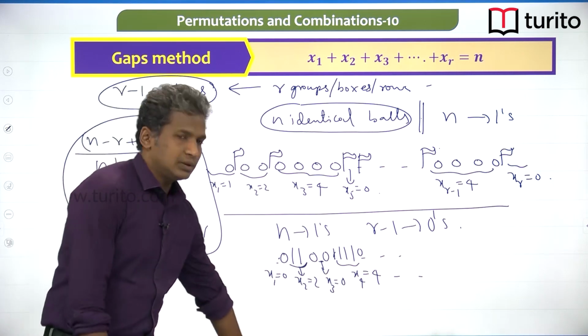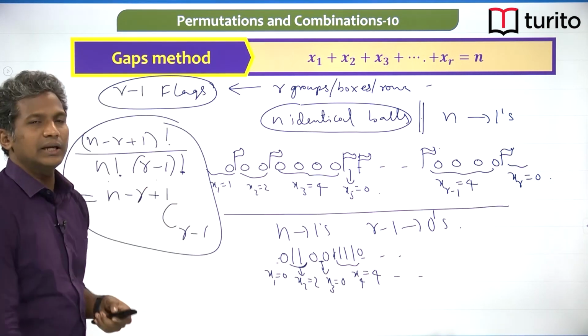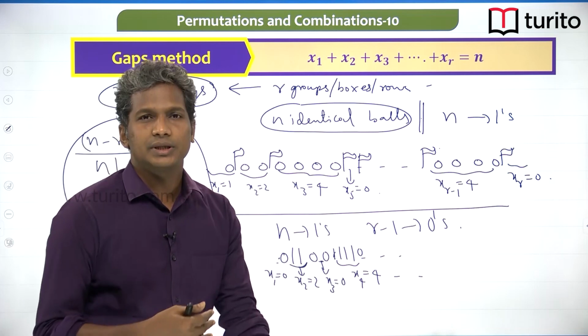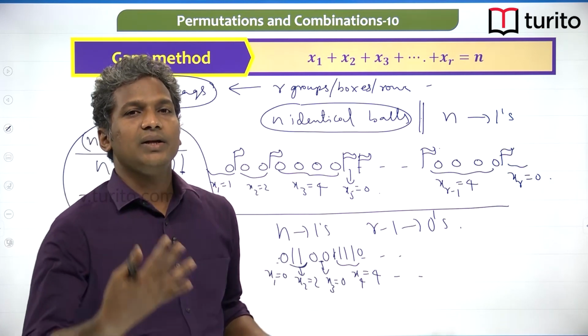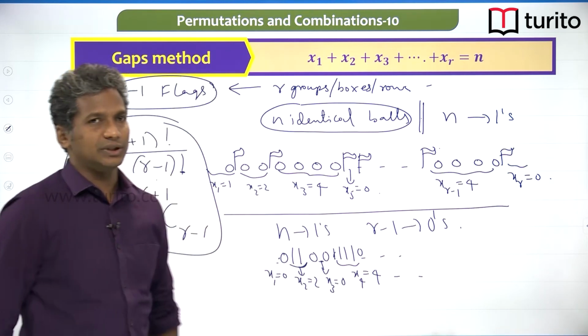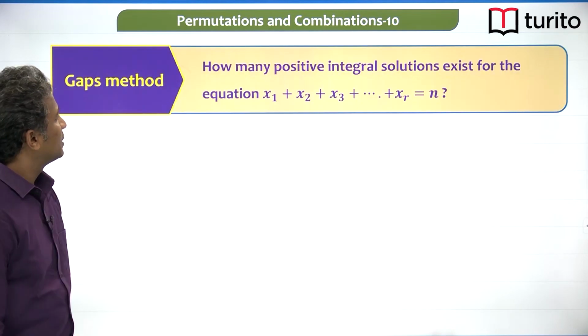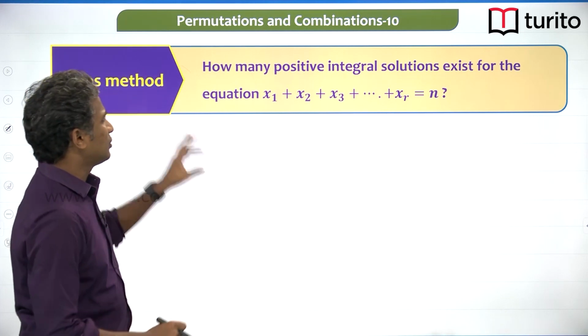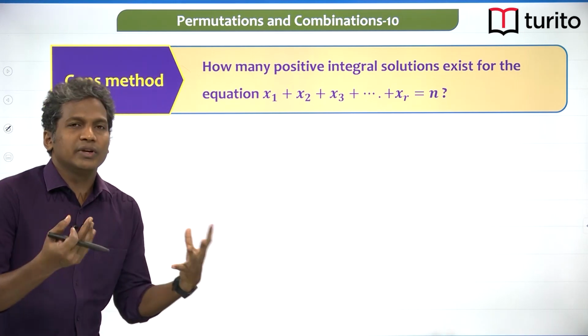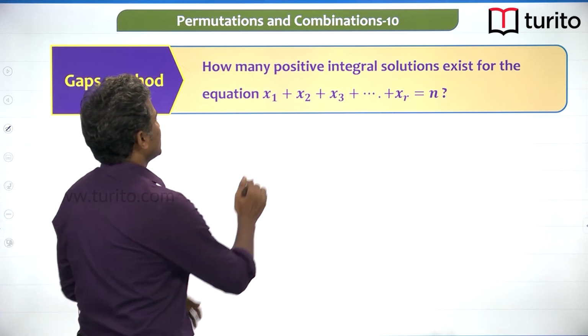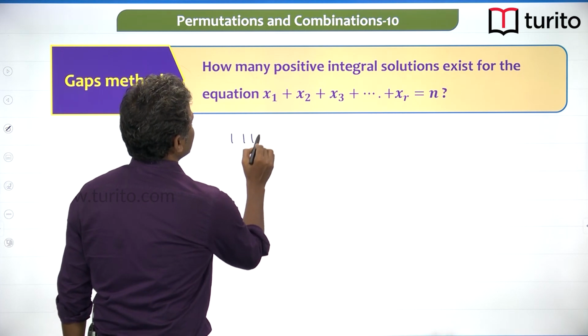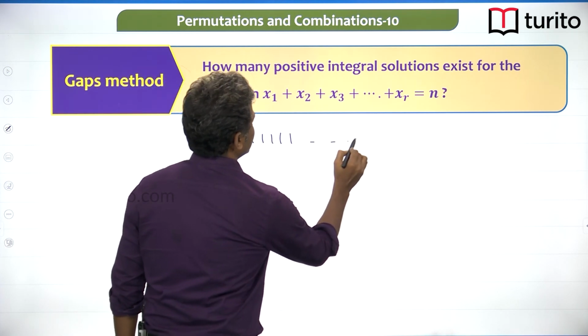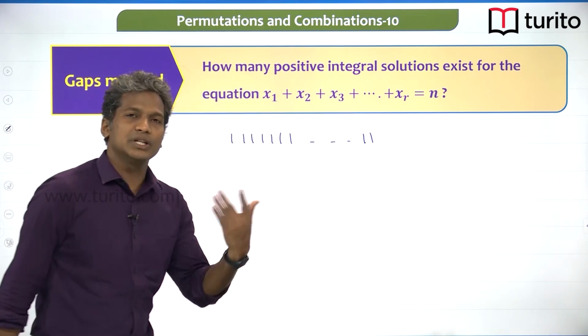Now that we have understood the basic idea of non-negative integral solutions, let us understand the idea of positive integral solutions. Suppose we have positive integral solutions and we want to apply the gaps method. So how do we understand here? We are basically arranging n ones in a straight line, so n ones or n balls.